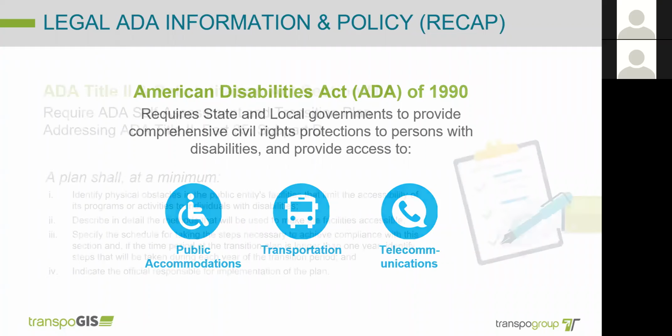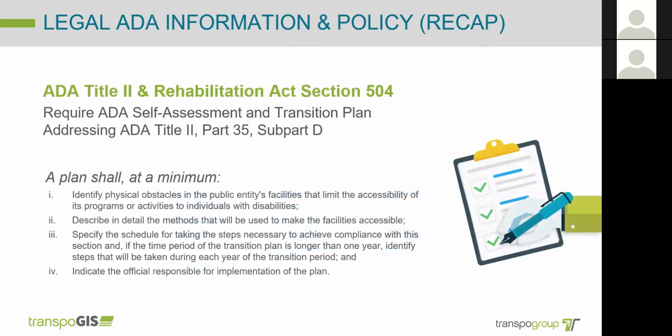Pretty self-explanatory there. ADA Title II requires that agencies have a transition plan and a self-assessment, basically identifying the obstacles within the facilities, whether it's buildings, or physical facilities within a pedestrian access route, such as sidewalks, pathways, curb ramps, etc.